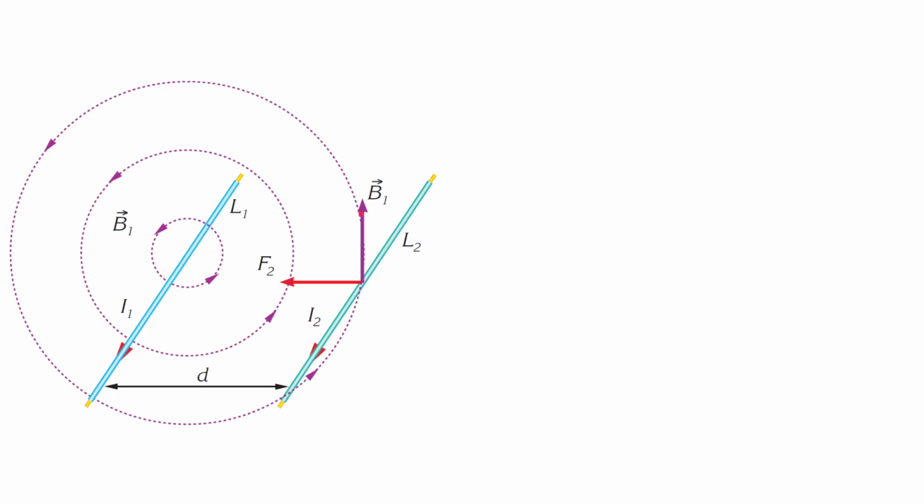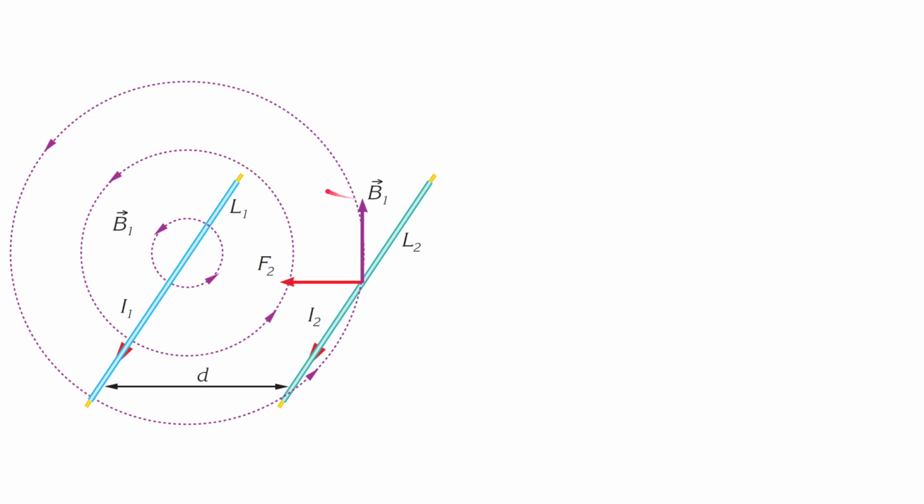The force on the wires is created by the magnetic field produced by the other wire. Let's use the notation F1 for the force on wire 1 due to wire 2, and F2 for the force on wire 2 due to wire 1.